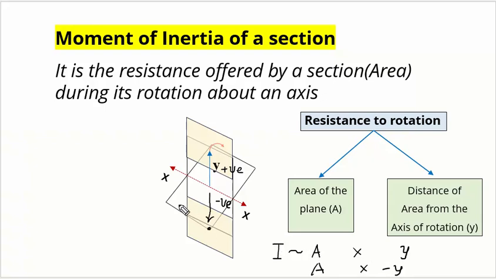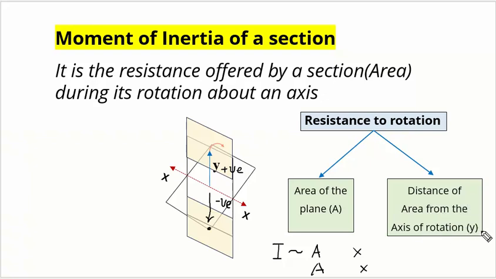But in actual practice, the below area as well as the above area both cause resistance to the rotation. So to avoid this nullification effect, we cannot take the sign of y. We have to take the absolute value of y.